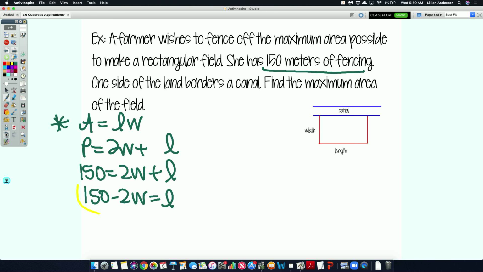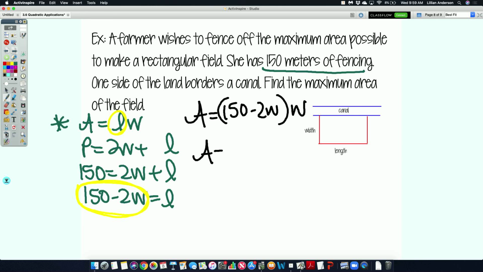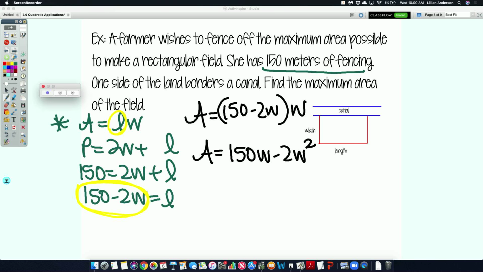I can now replace my length with this equation in my area formula. So, area equals 150 minus 2W times W. What should I do with that W? Distribute. So I now have 150W minus 2W squared, and there is my quadratic equation to represent the area of this field.